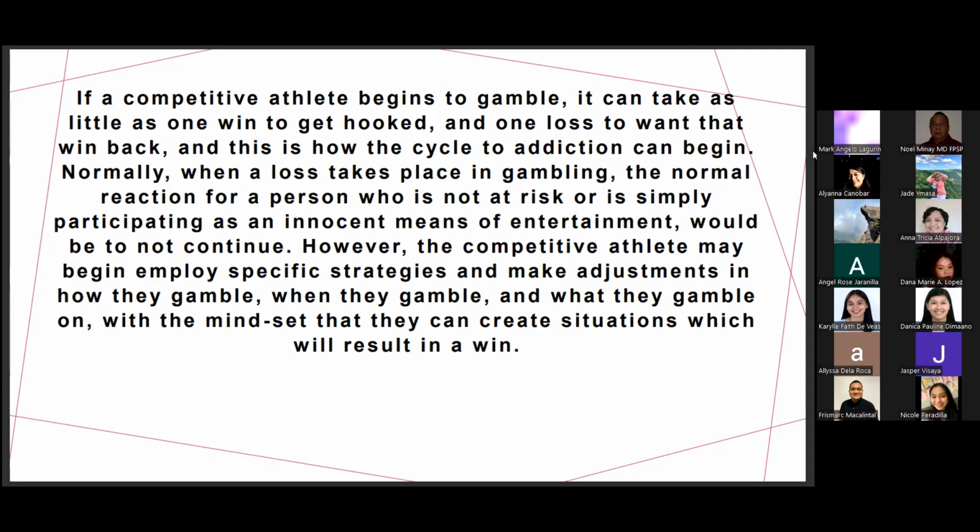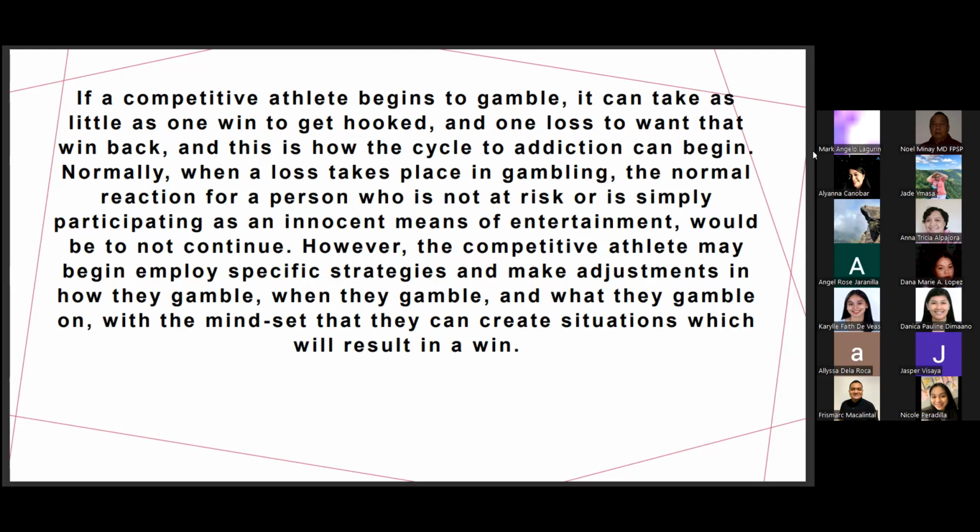However, the competitive athlete may begin to employ specific strategies and make adjustments in how they gamble, when they gamble and what they gamble on, with the mindset that they can create situations which will result in them winning.